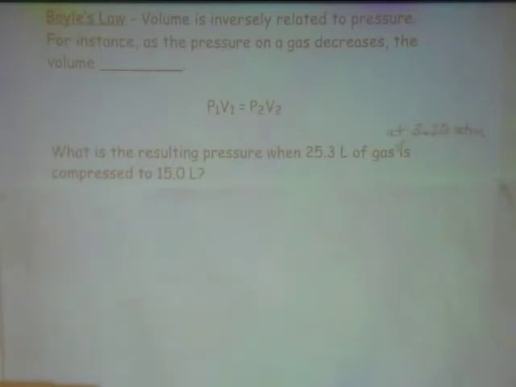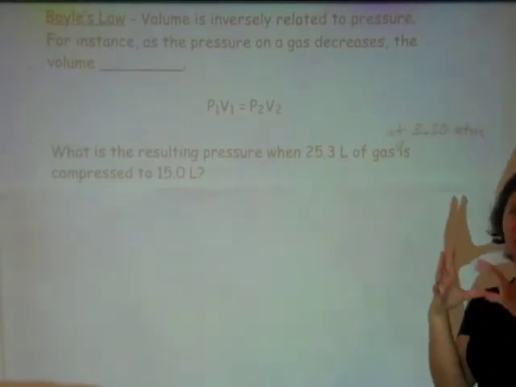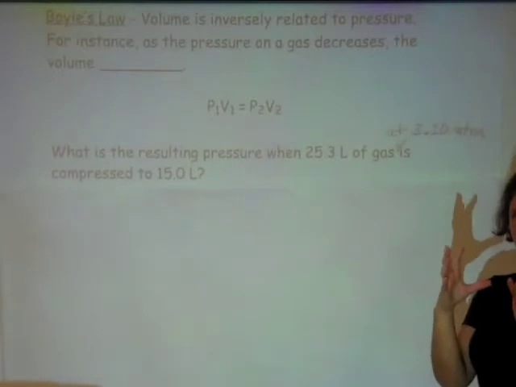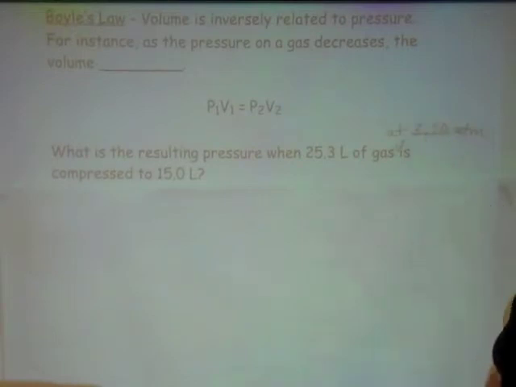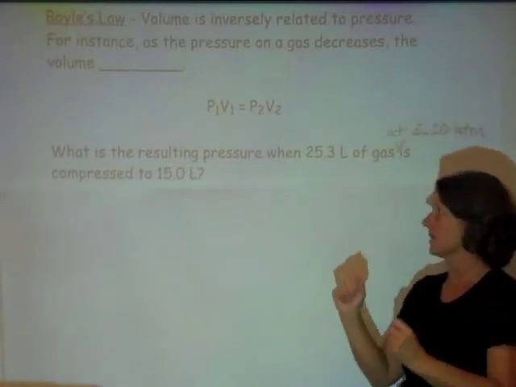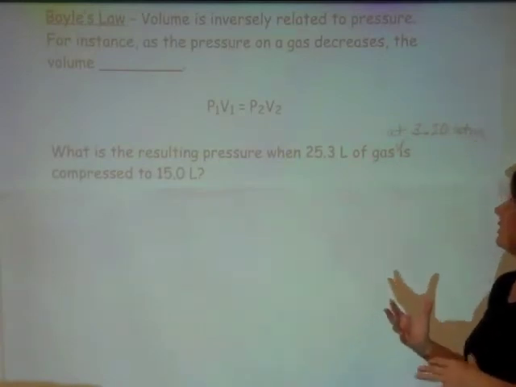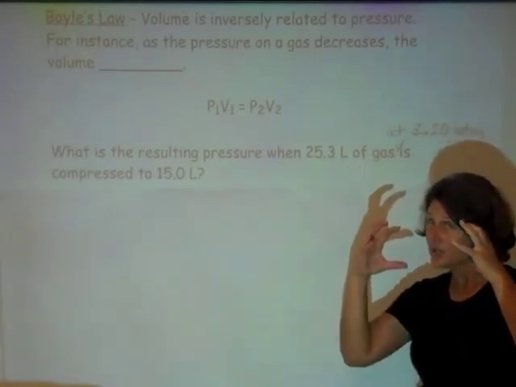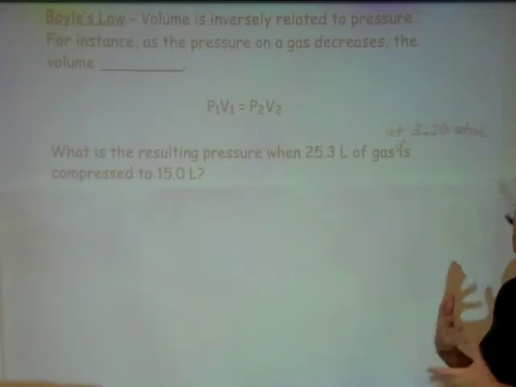We begin with 25.3 liters, and the pressure of the gas in that container is 3.20 atmospheres. What if we compress it to 15 liters? If we decrease the volume of that gas, what's going to happen to its pressure? It's going to increase. It's going to go up.